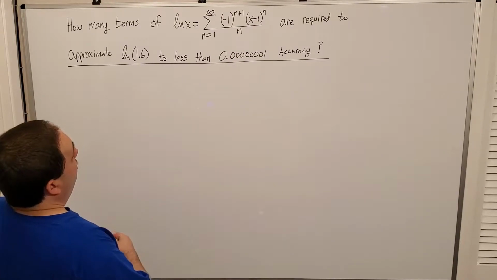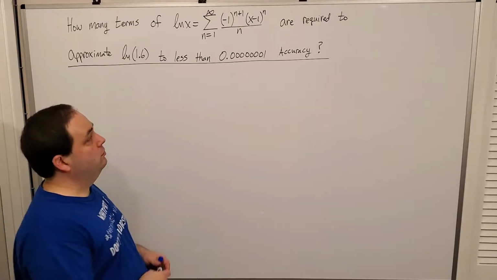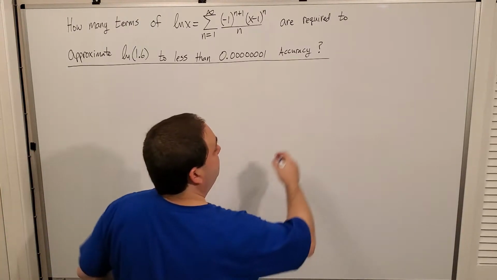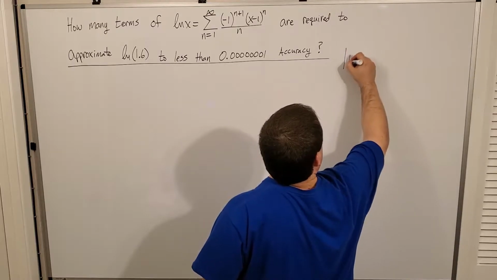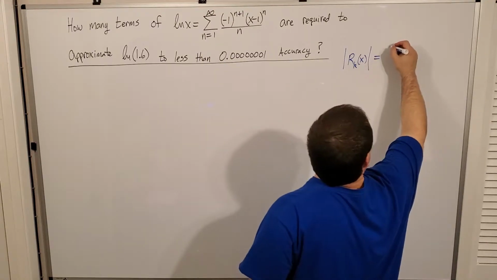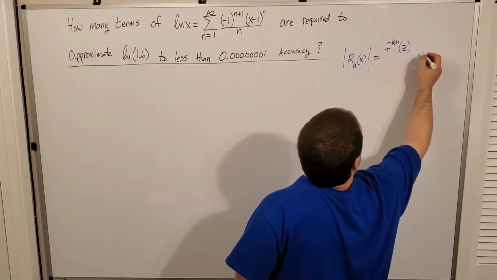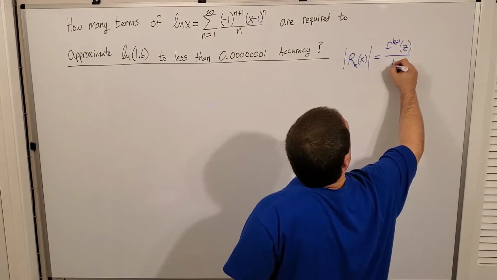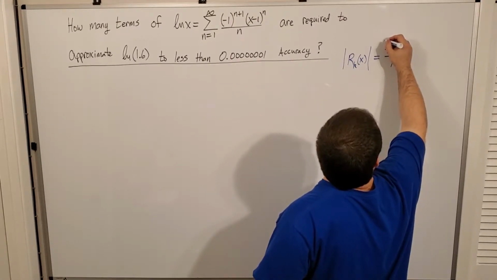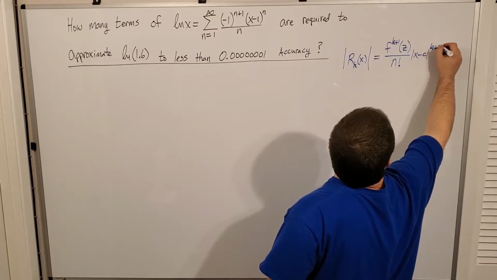So then, where we're going to start is by building the error term in general, right? Okay, so my error term, don't forget, comes from the absolute value of the r sub k of x, and that's equal to the function's k plus 1 derivative evaluated at some z value divided by n factorial times the absolute value of x minus c to the k plus 1 power.